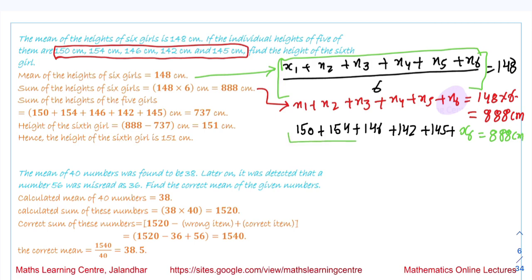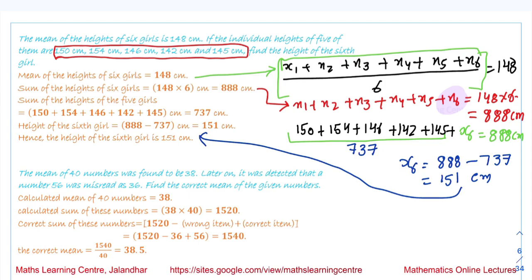The sum of the first five values is 737 centimeter. So the value of x6 is 888 minus 737, which is equal to 151 centimeters. So this is the height of the sixth girl.